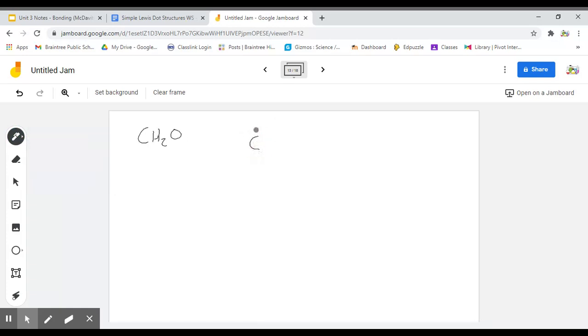So I have carbon, which has 4 valence electrons. I have my 2 hydrogens, and they each have 1 valence electron. And then I have oxygen, which has 6.